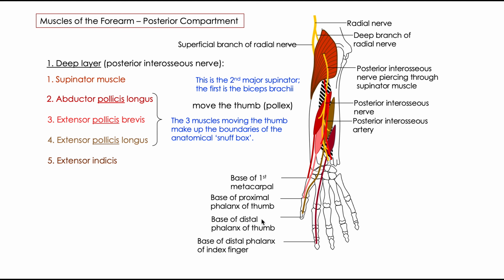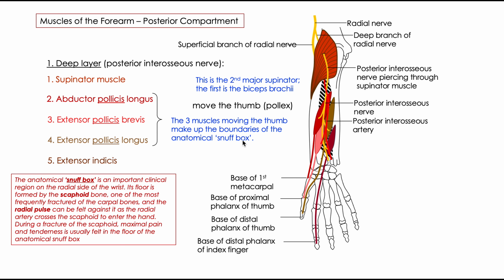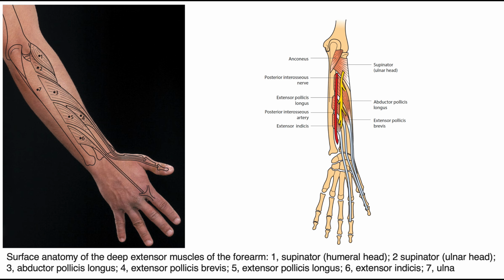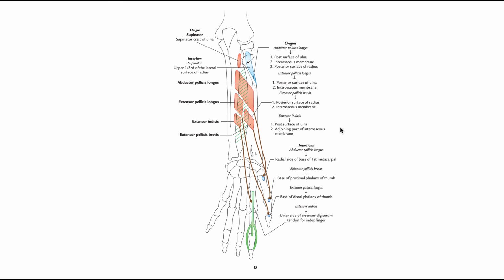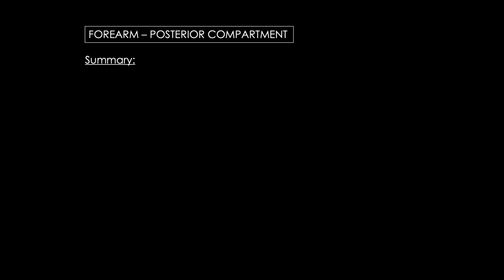We all know that these three muscles help in moving the thumb, and they contribute in making the boundaries of the anatomical snuffbox. We'll be learning about it in the next session. Now we can see the same diagrams of the muscles we have just talked about, the deep group of muscles. Let's summarize their job.